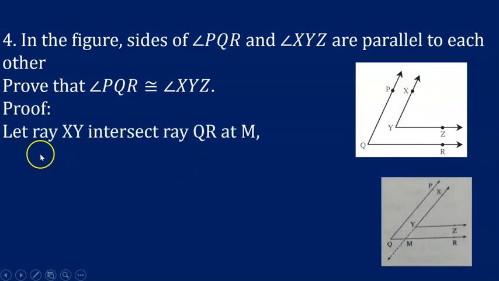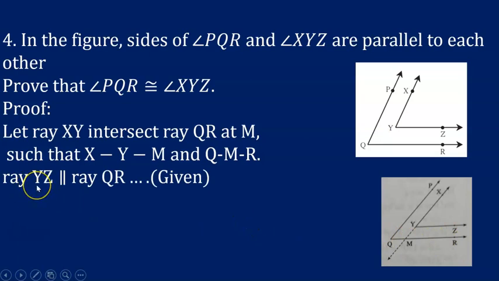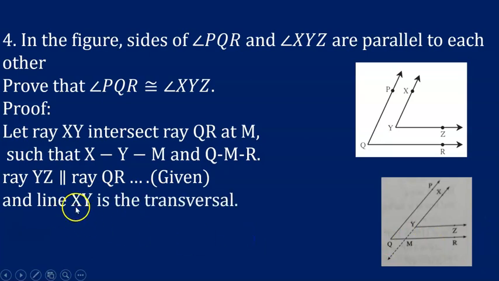Now, proof. Let ray XY intersect ray QR at M. If we extend the ray XY, then it will intersect ray QR at M, such that Y is in between X and M, and M is in between Q and R. Ray YZ is parallel to ray QR, and line XY is their transversal.